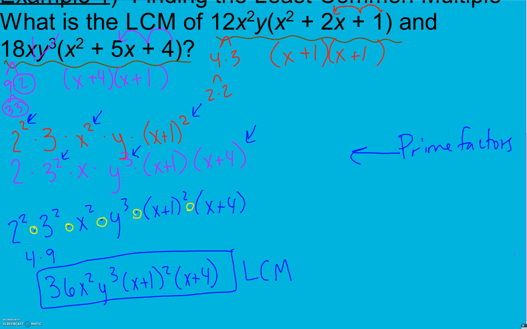And we pick the ones that have the highest exponent because we need 2 to occur twice. We need 3 to occur twice because 2 occurs twice in 12 and 3 occurs twice in 18. So those have to be accounted for. Same thing with our variables and our binomials.